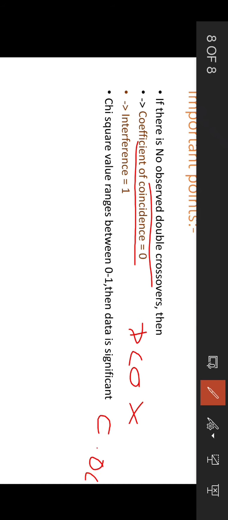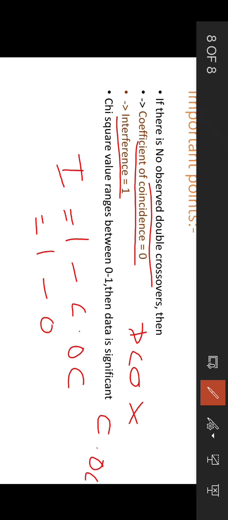Okay, and interference will be 1, because interference is calculated by 1 minus coefficient of coincidence, and if coefficient of coincidence is 0, then interference will be 1. Okay, and chi-square, if it ranges between 0 and 1, then the data is significant, the data is feasible, and one can rely upon the data. But if it is less than 0 or greater than 1, then the data is not significant.